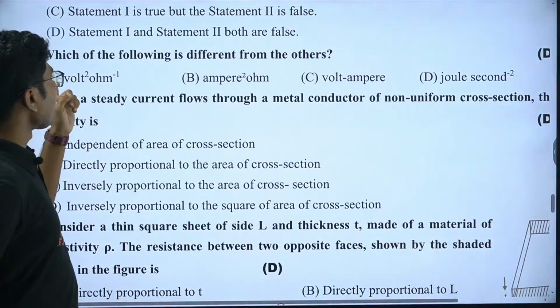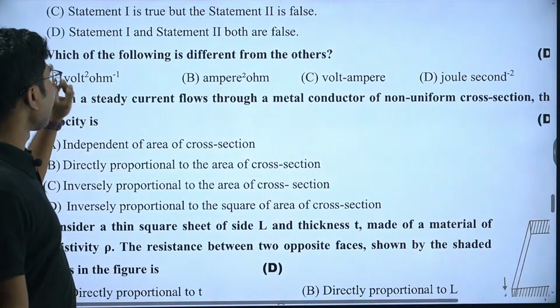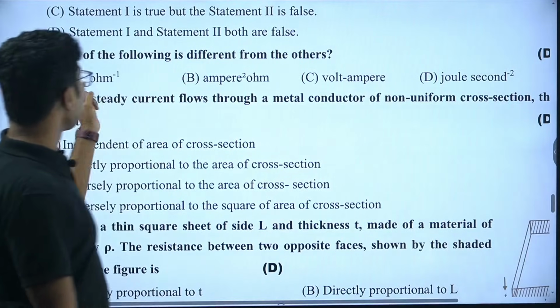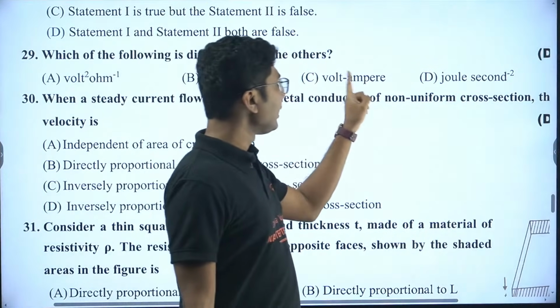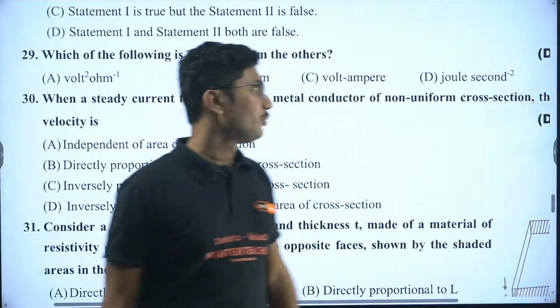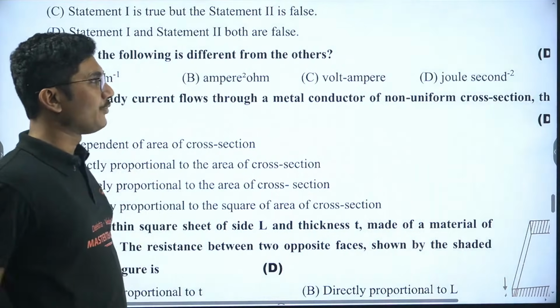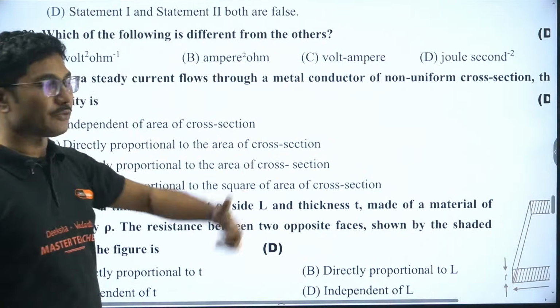Now, which of the following is different from the others? Volt square per ohm, ampere square ohm, volt into ampere, joule second to the power minus 2. Which one is different? This question is easy, by the way. As I mentioned, I have done another session where I take the same question.